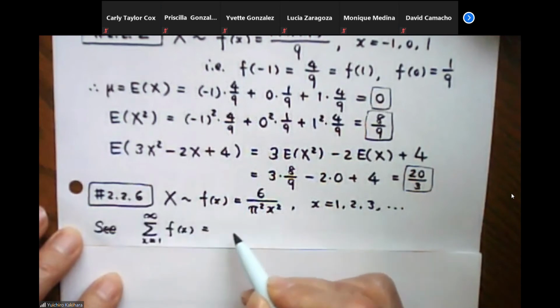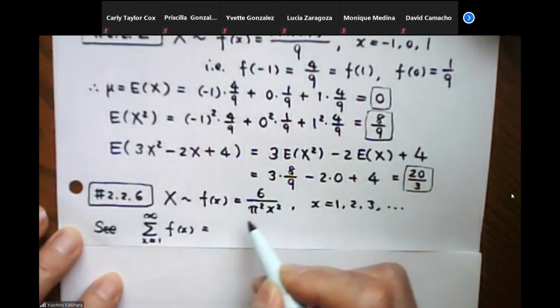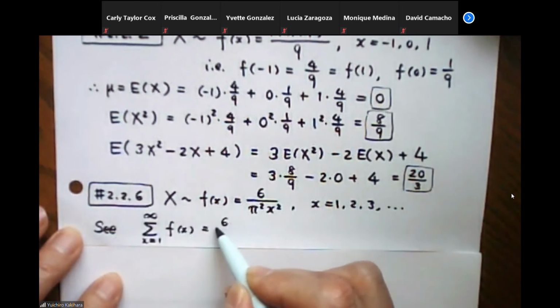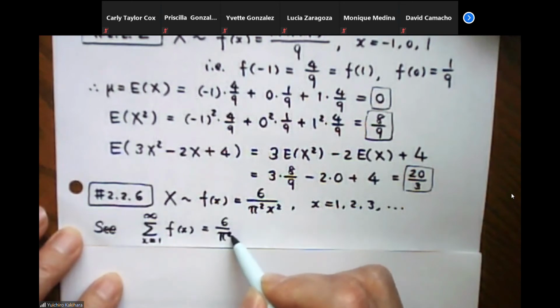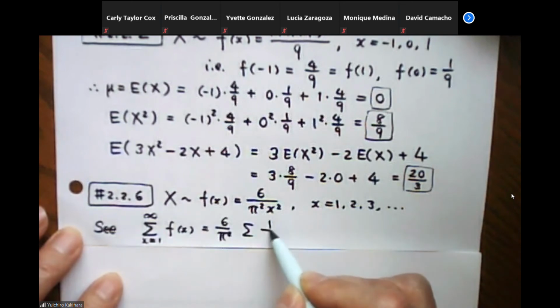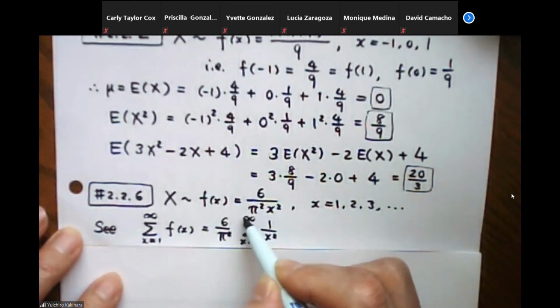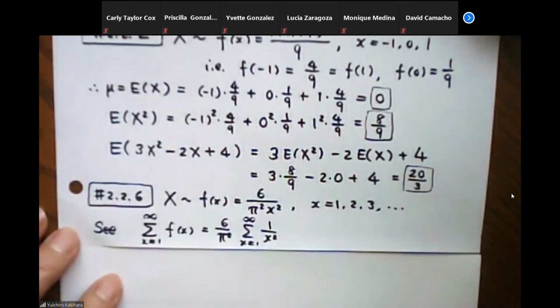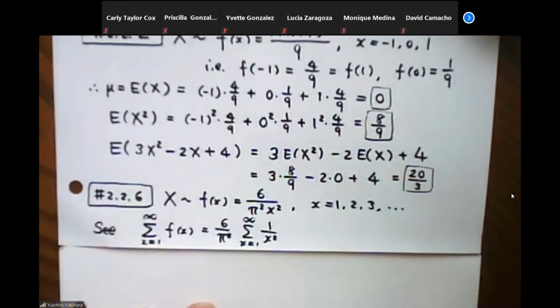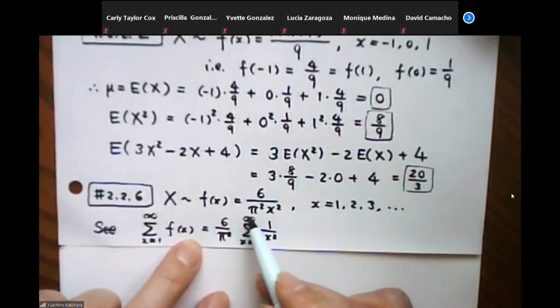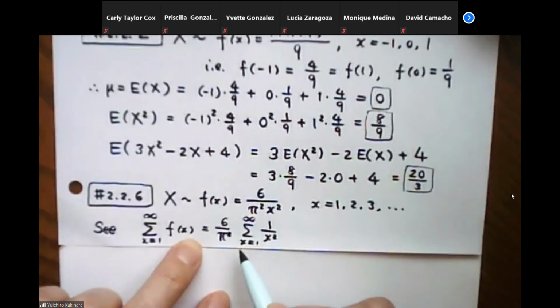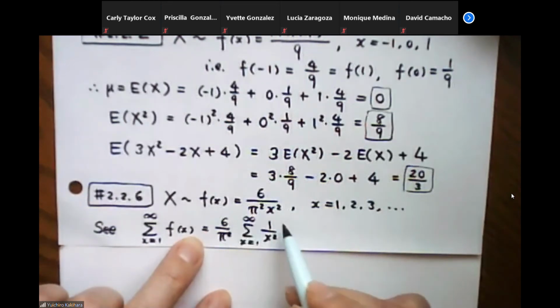This part is a constant, so we can write 6 over pi squared, and then the sum of 1 over x squared, x is equal to 1 to infinity. This should be 1, but do you see why? That means this sum must be the reciprocal of this, that is pi squared over 6. Is this so? This is pi squared over 6.